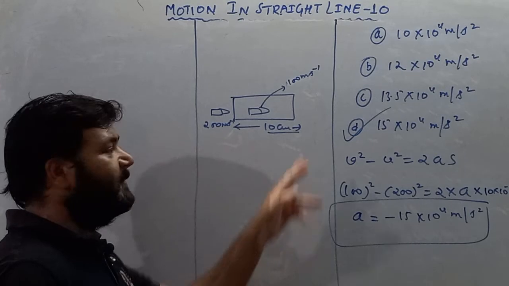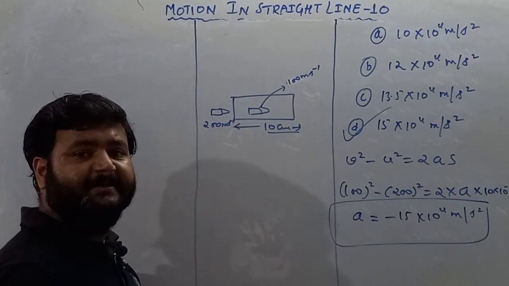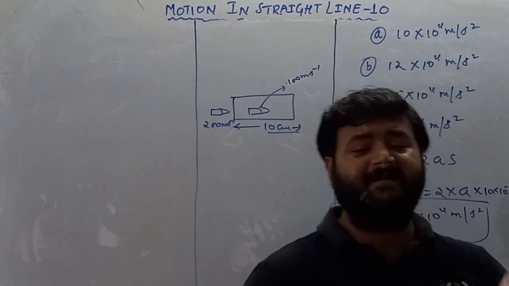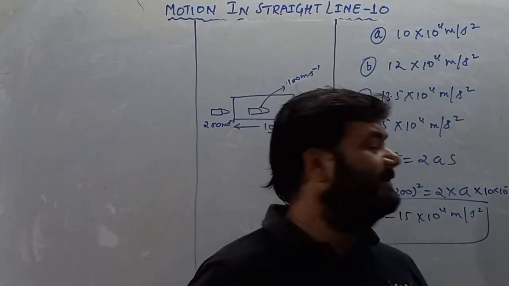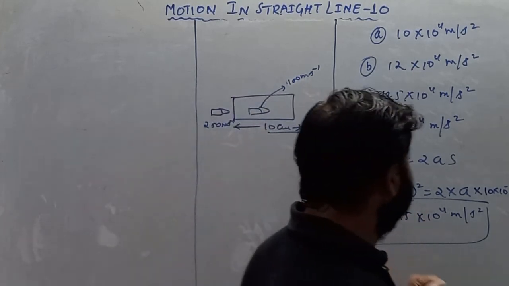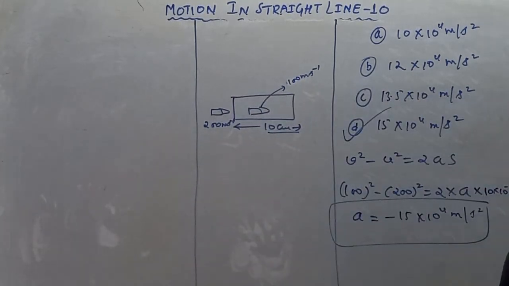After entering the plank, its velocity becomes 100 meter per second. This bullet travels a distance of 10 centimeter because the thickness of the plank is 10 centimeter. They are asking for the retardation because speed is decreasing. So velocity is changing, and if velocity is decreasing, we know that the particle is retarding. And if retardation takes place, then acceleration must be negative. So the correct answer is 15 into 10 raised power 4 meter per second square. I hope you all understand this question.